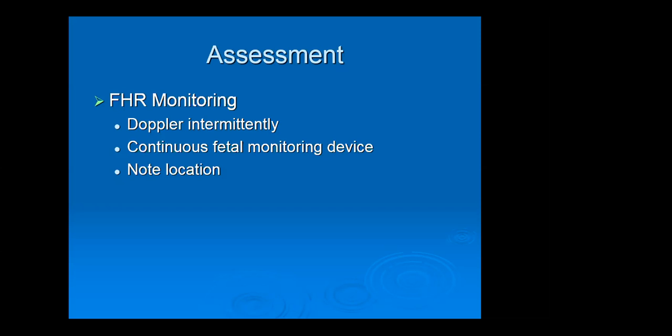And that's again why you would want to note that location, because it's not attached like the continuous fetal heart rate monitoring in the facility is. So you would have to take out the Doppler, use jelly, and go back to wherever they were locating that fetal heart rate and then count it from there.